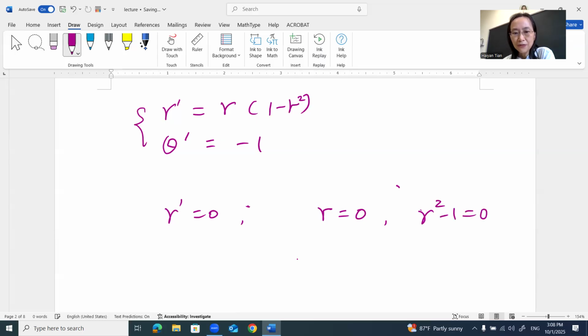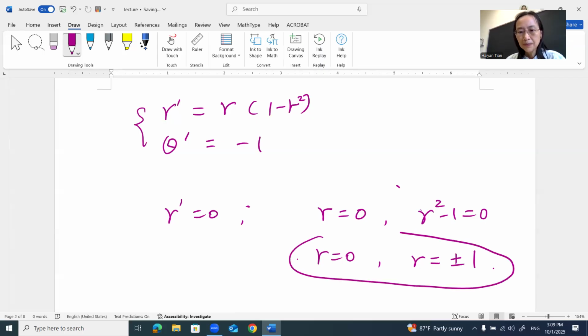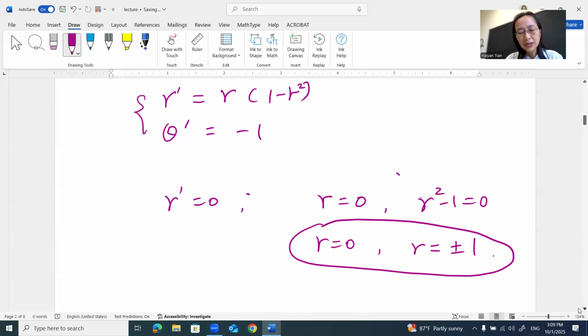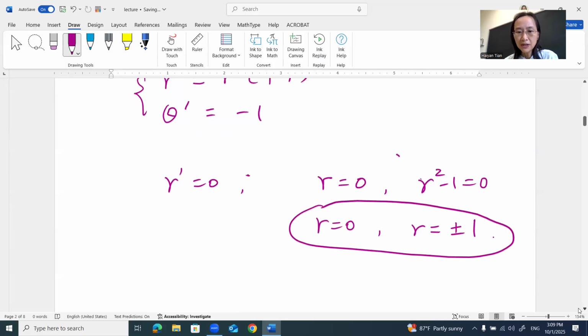So that means r is 0 or r is either plus or minus 1. From the second equation, the theta derivative is constant.